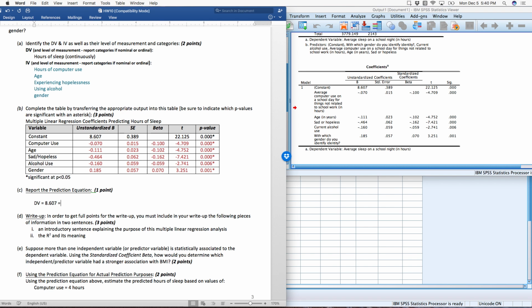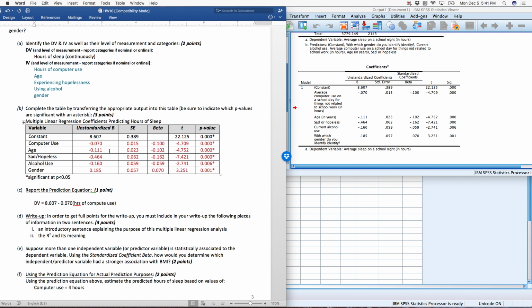Then we're going to add that to negative 0.070 times hours of computer use. Or if it makes more sense, instead of adding a negative, you can subtract it. Some people don't like adding that plus with a minus, so you can just do the minus.